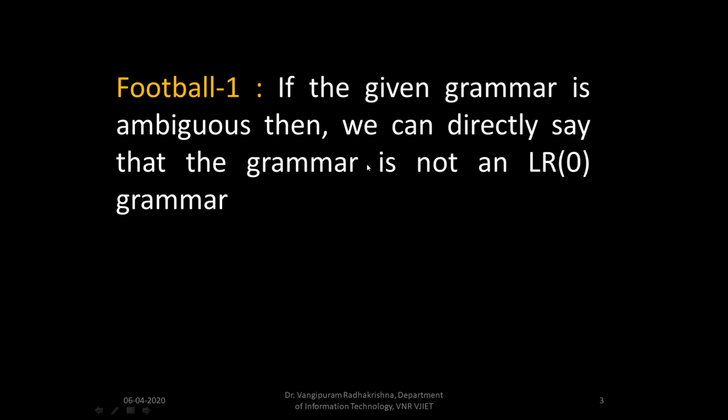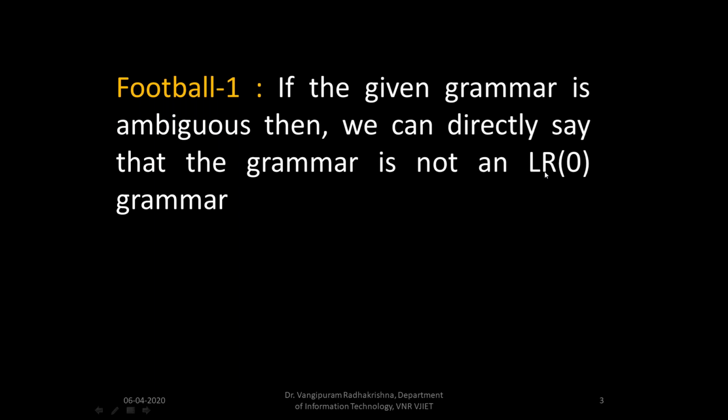Now, what happens if the given grammar is not ambiguous? That is, the given grammar is unambiguous. When the given grammar is unambiguous, there is no chance that you can say such a grammar is LR0.